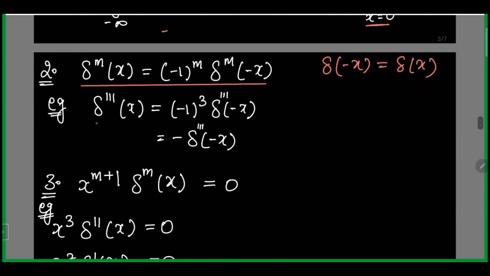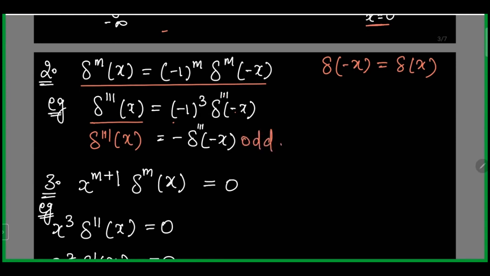So if it is delta triple dash x, means you are deriving it 3 times. Then minus 1 raised to 3, and then delta again 3 powers, and instead of x we are getting minus x. So your delta triple dash x equals to minus of delta triple dash minus x. It means this is an odd function.